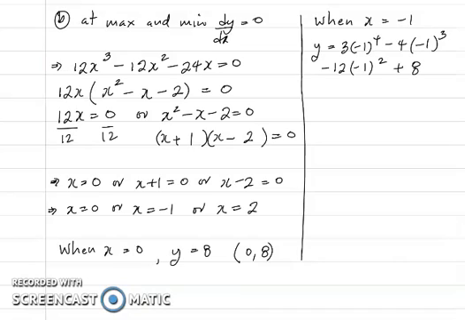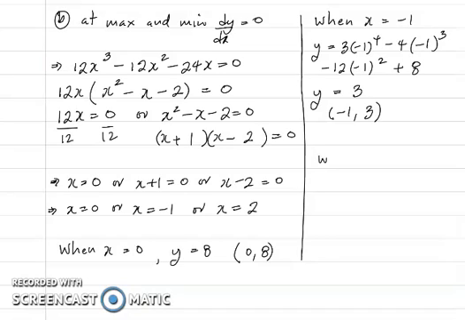All right. And if you put this in the calculator and press equal, you're going to get y is equal to 3. All right. So another stationary point is minus 1, 3. Minus 1, 3 is another stationary point.